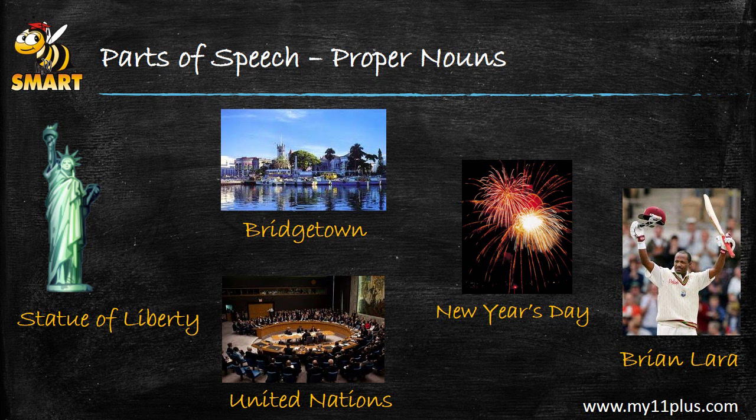If you look at those, you will see that those are names of specific people, for instance, Brian Lara, a specific object, the Statue of Liberty, a specific place, Bridgetown, a specific organization, United Nations, a specific day, New Year's Day. So they're all proper nouns, and if you look, you will see that whenever we write proper nouns, we use capital letters for the names.